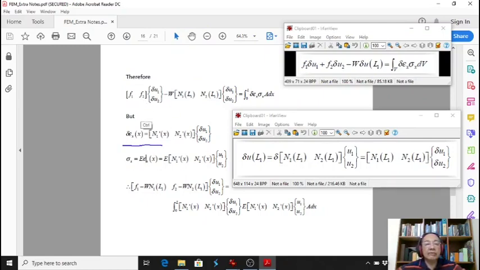This is also from the previous slide, we just multiply by E. This is the real stress: stress is E times strain, and the strain is the derivative of the shape function times U1, U2, which are real.